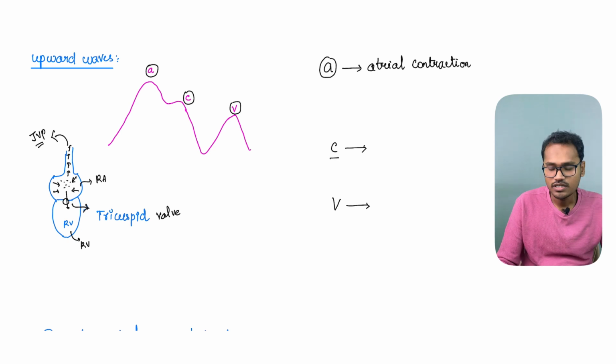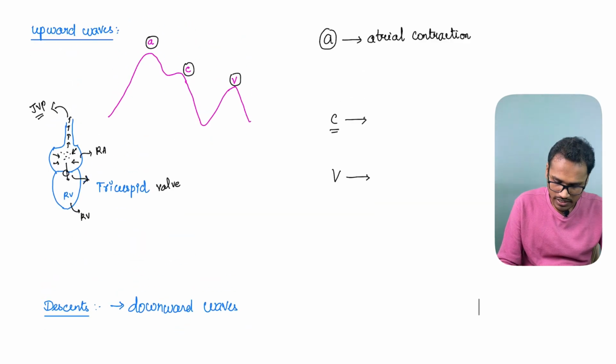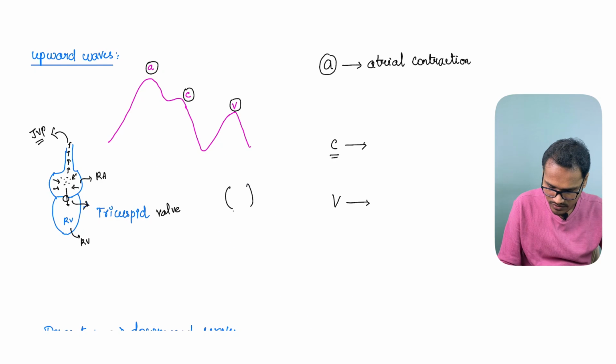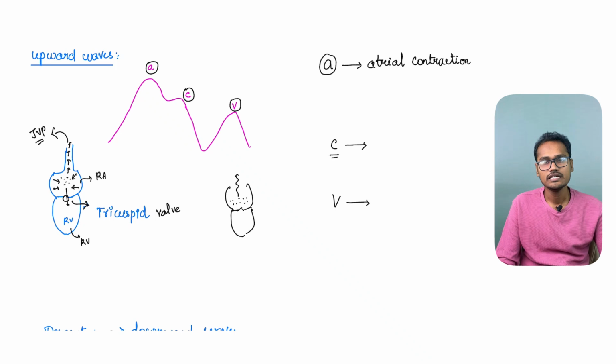And next, coming to the C wave. What is this C wave? Now the right atrium, by contracting, has emptied its blood into the ventricle. So the blood has reached the ventricle. After that, which valve is going to close? The tricuspid is going to close. When this valve closes, the remaining amount of blood generates a little pressure, which is reflected in the JVP.